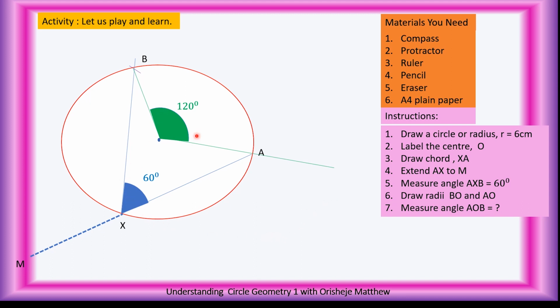So let's do a bit of critical thinking. What do you think is the relationship between the blue angle and the green angle? The green angle is called the angle at center, while the blue angle is the angle subtended at the circumference.